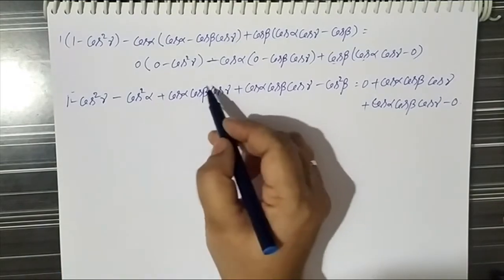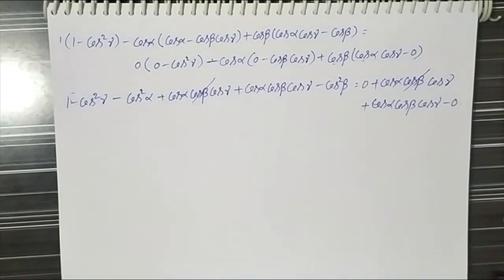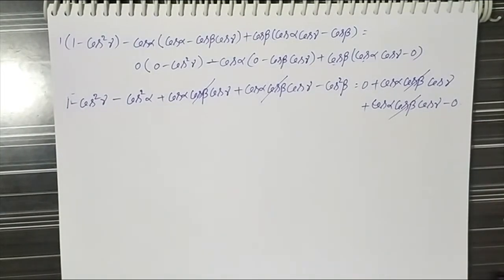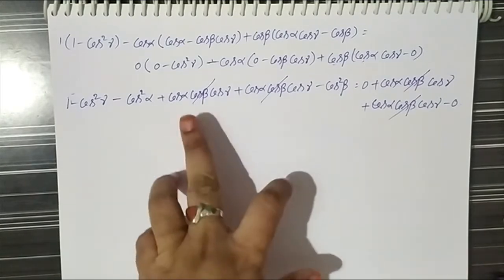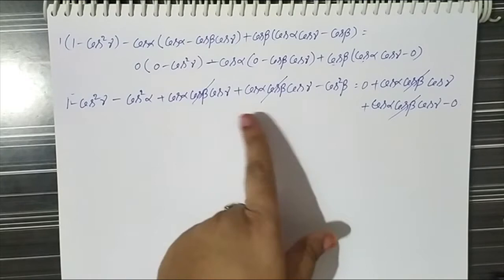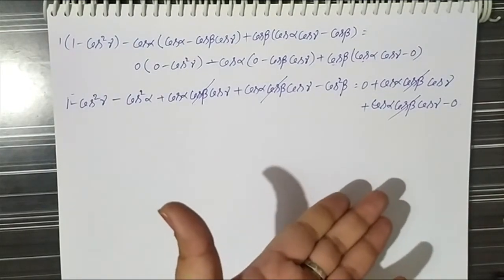Then the cos alpha cos beta cos gamma terms will be cancelled, because the values are the same and the signs are the same but placed on opposite sides of the equal sign.